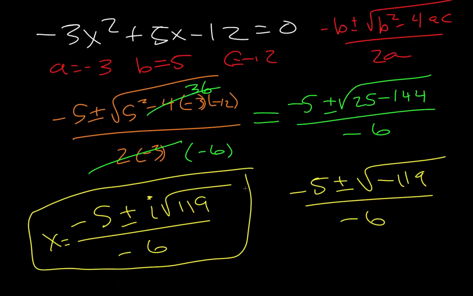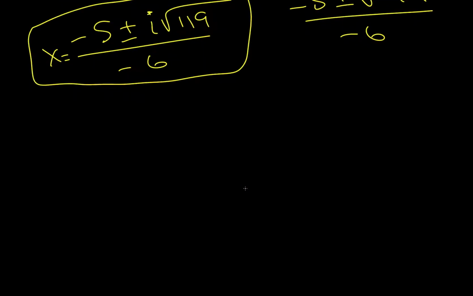Now, let's do another one. Let's try 2x squared plus x plus 9. Let's not do that. Let's do minus 9. Okay.